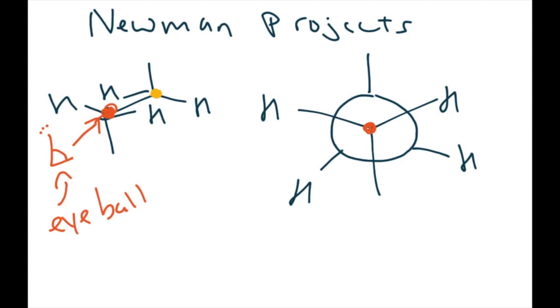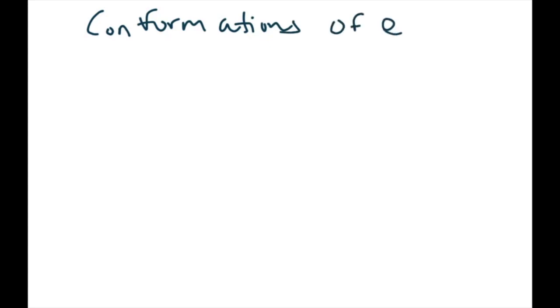So there are a bunch of different conformations that a simple alkane can be in. And we're going to work through those, but we're going to start at the simplest thing possible, which is ethane. So we're going to do the conformations of ethane.